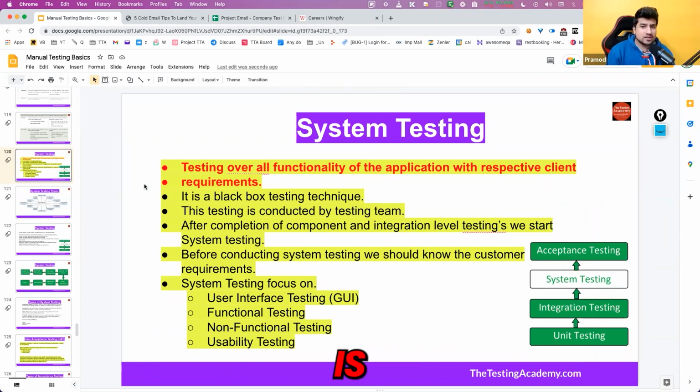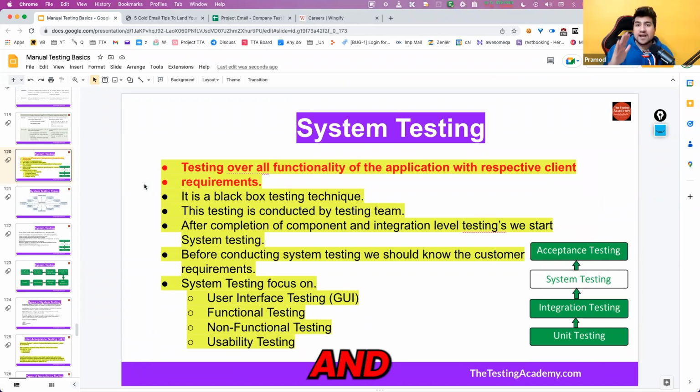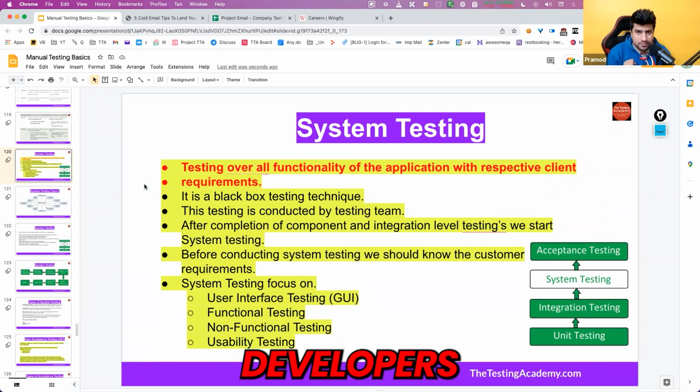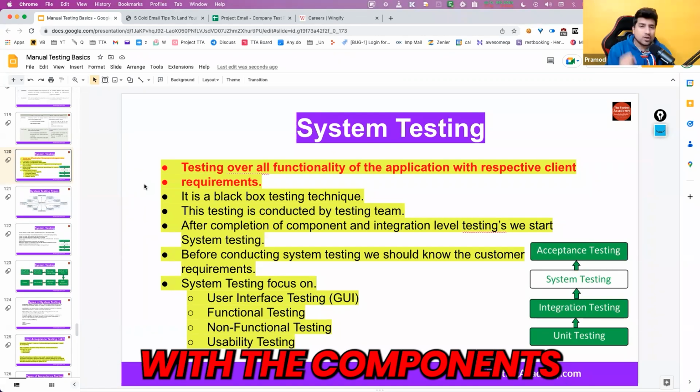Why? Because this type of testing involves all types of different testing, which are functional and non-functional. Unit testing is mostly done by developers. Integration testing is also mostly done by developers because there is an integration going on with the components.